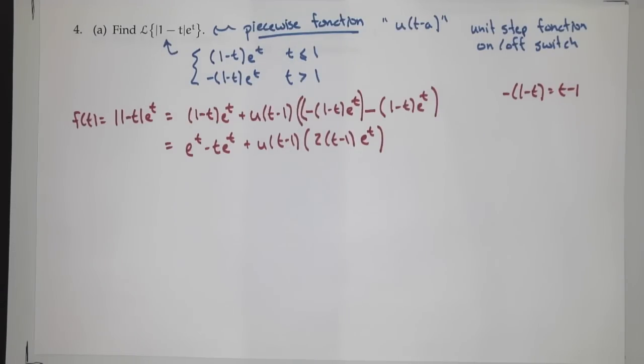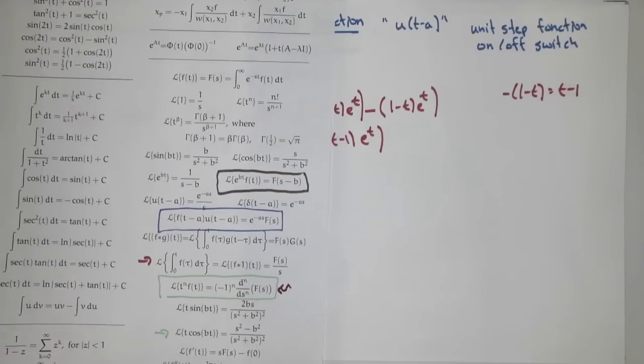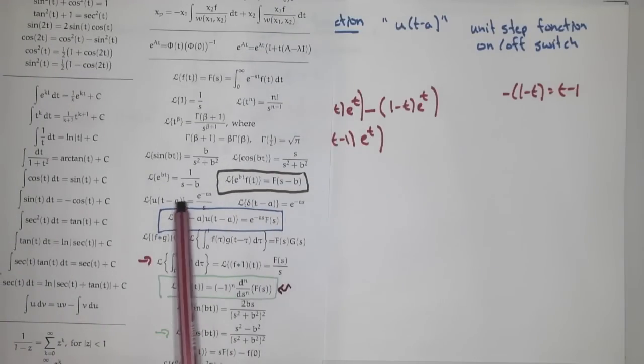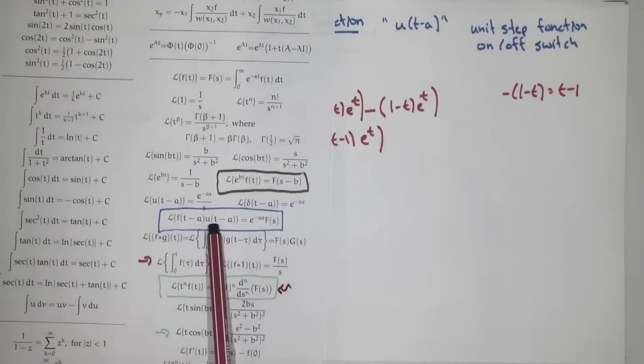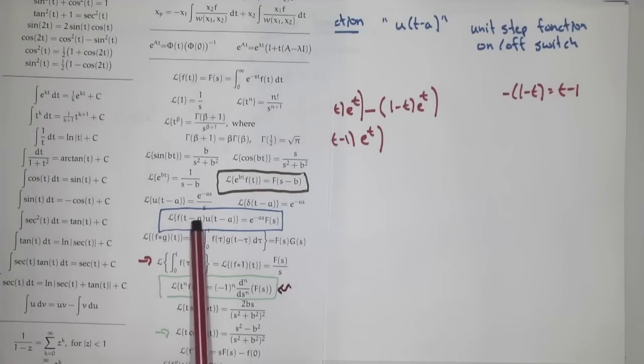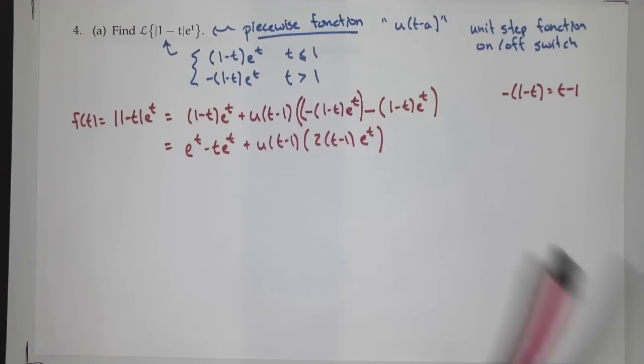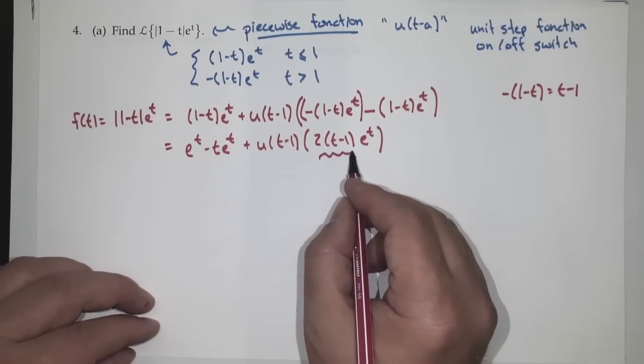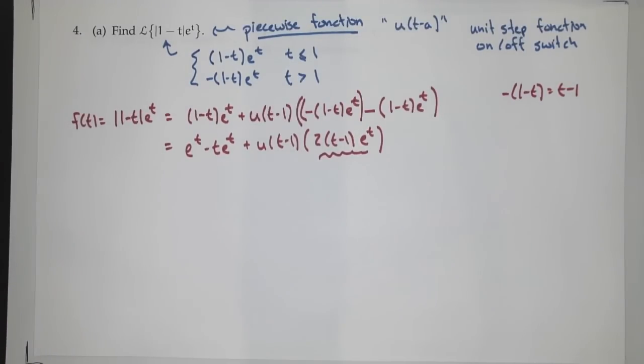Now we come to our rule that we have here. When we have this unit step function, it's critical that this function matches on the inside. So if I have t minus 1, I need to have t minus 1. Okay, so we start looking here and say, does this look like t minus 1?